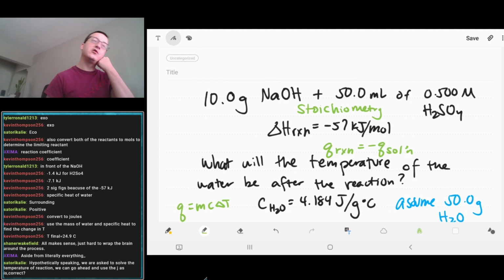Do you mean as kilojoules? Oh, you mean temperature for reaction. I see. Yeah, you would then use Q reaction. But again, reactions aren't really something physical, so we can't really measure them directly.